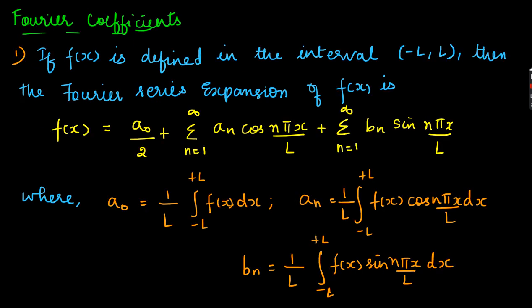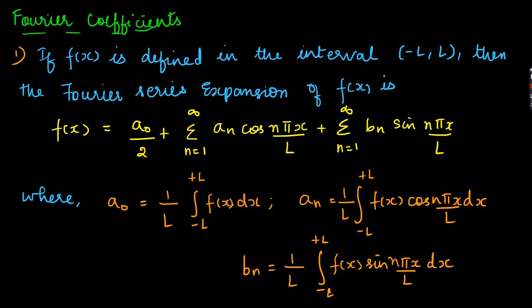So let us see the Fourier coefficients, where I told you a naught, a n and b n are the Fourier coefficients. There are various values of Fourier coefficients based on the interval. If the function is defined in the interval minus L to L, then the Fourier coefficients are given as follows. You can see the limits are from minus L to plus L, and there are three coefficients a naught, a n and b n, which are given as follows.